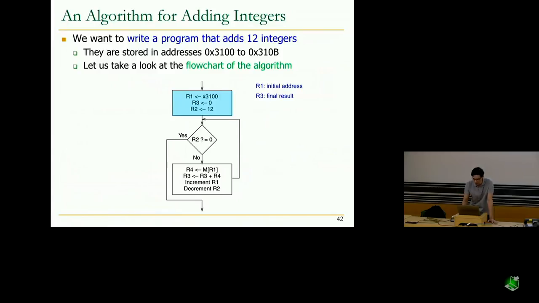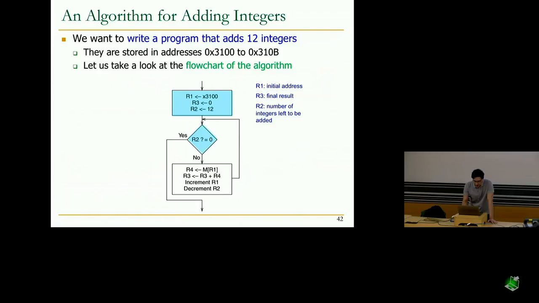This is like the accumulator. And in R2, what we are storing is the number 12, because we want to add 12 integers, and we are going to use this 12 as a counter. We will decrement this counter after adding each of the 12 numbers.